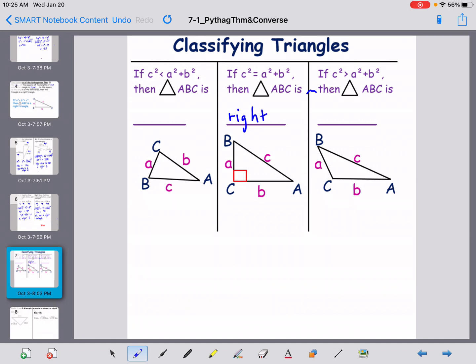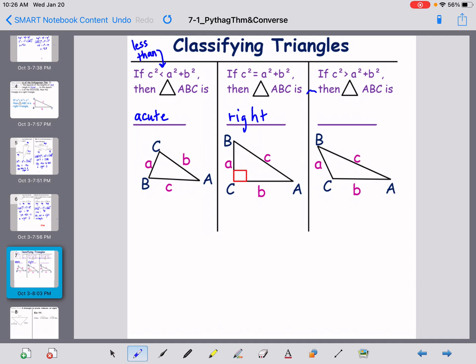But if c squared, and remember c is just the biggest number, the longest side, if c squared is less than a squared plus b squared, then triangle ABC is an acute triangle. Remember that symbol is less than.